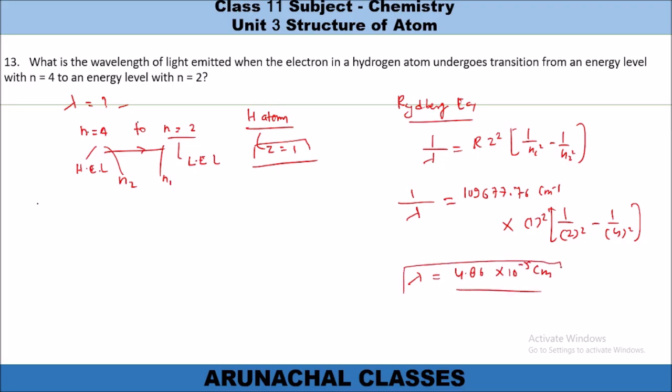So this is how we get the wavelength in centimeter. If I convert it into meter, it will be 486 × 10^-9 meter. Converting into nanometer, it will be 486 nanometer.